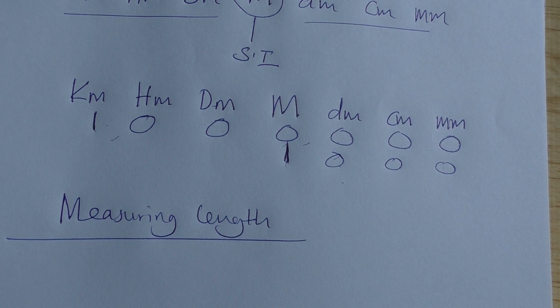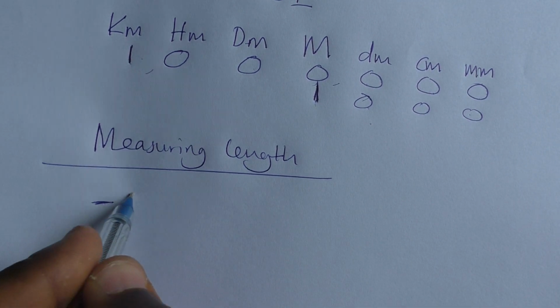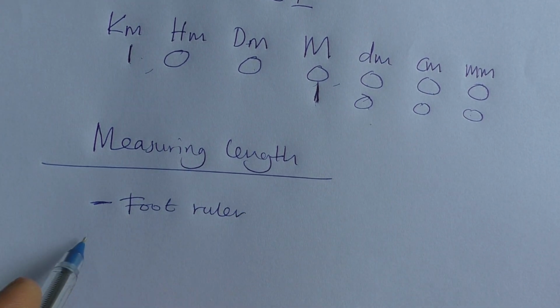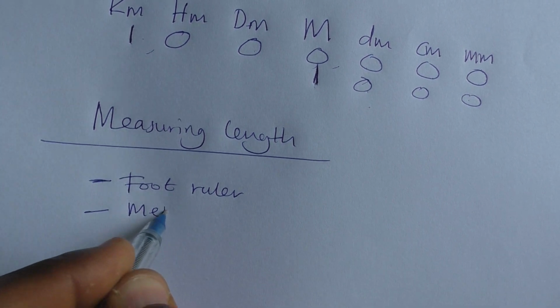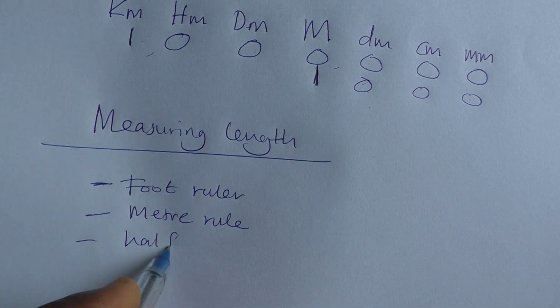Length can be measured using various instruments. We can start with the common ones we know. We have the foot ruler. In our labs, we measure using the meter rule and the half meter rule.